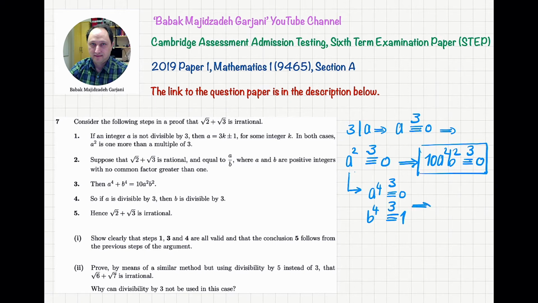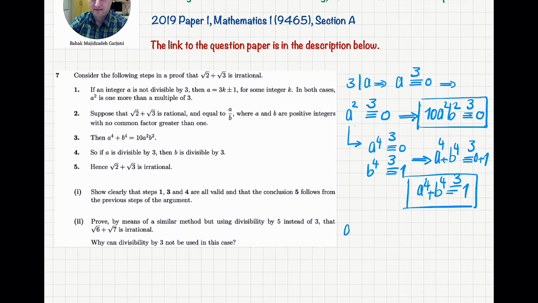So if I add both sides together, then a to the 4 plus b to the 4 is congruent to 0 plus 1 modulo 3. So then it means that a to the 4 plus b to the 4 is congruent to 1 modulo 3. Yes? But on the other hand, we know that a to the 4 plus b to the 4 is equal to 10a squared b squared.